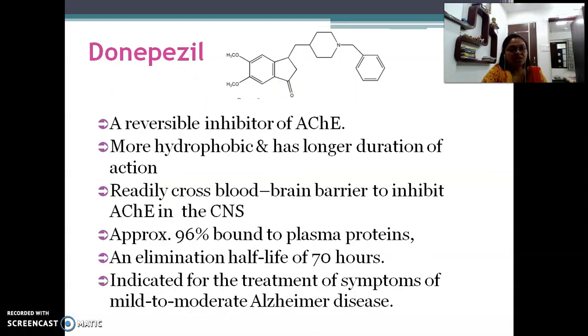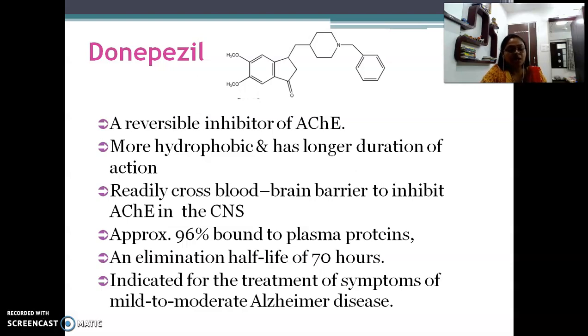Now, the next drug used in Alzheimer disease is donepezil. Donepezil is also a reversible inhibitor of acetylcholinesterase. It is more lipophilic than tacrine and hence has a longer duration of action.